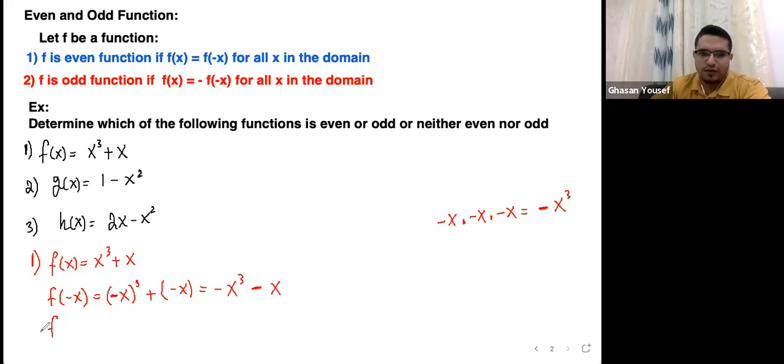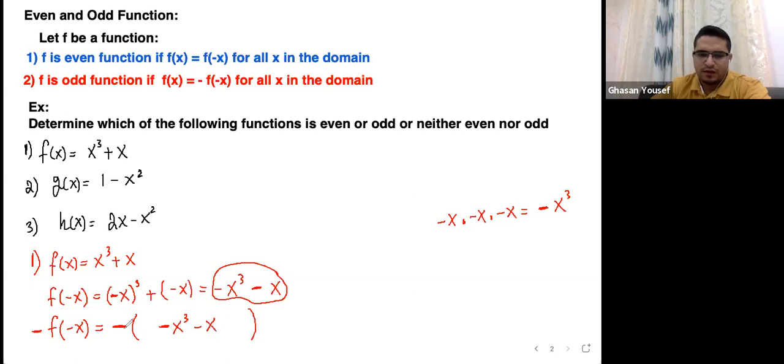Now the third one is minus f of minus x. You have to write the first one, second one, third one. The third one is the same as the second one, but we have to multiply it by minus. So you put minus, open parentheses, and you copy this one inside the parentheses. I get minus x cubed minus x.